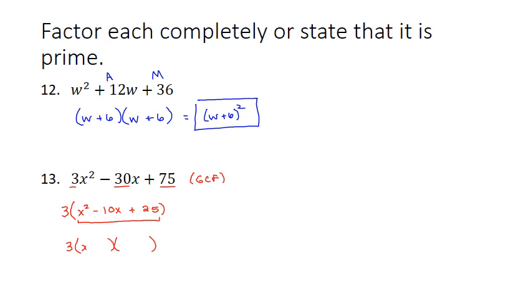That would be x and x. And then to multiply to get 25 and add to get negative 10 is going to be minus 5 and minus 5. But since both of those are the exact same thing, this is the same thing as 3 times x minus 5 all squared. So just a couple special cases that we'll run into from time to time, but there is a couple more factoring problems.